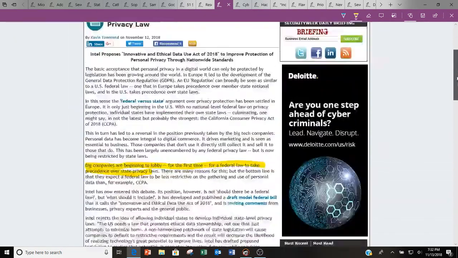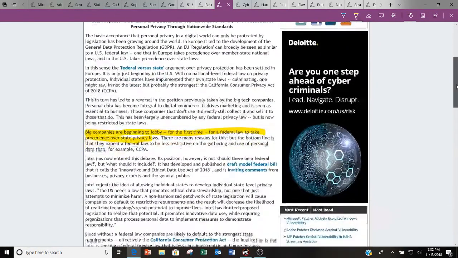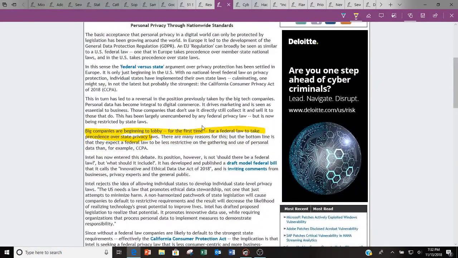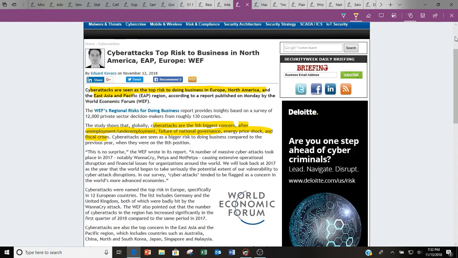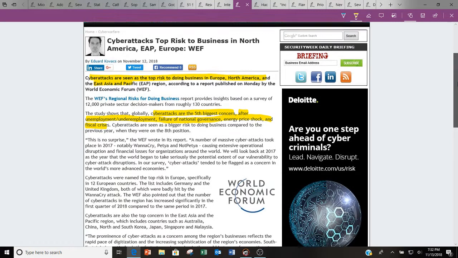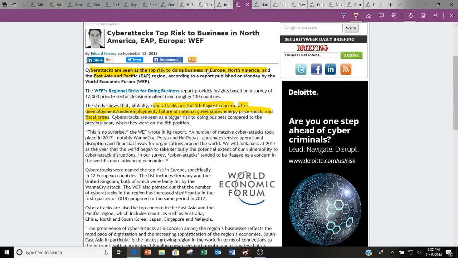So again, this is just another article about Intel asking for a federal law on data privacy, which we already talked about. Here was a survey to many nations, Europe, North America, Asia, etc. They said cyber attacks, as a result of the 130 country survey, is the fifth biggest concern.